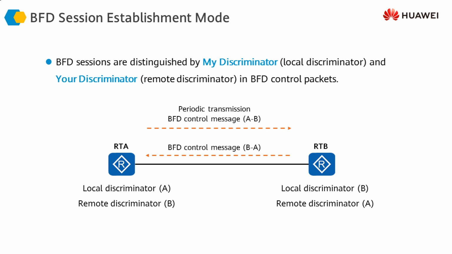These discriminators are local and remote identifiers for the two devices. Router A has a local identifier called my discriminator, and it looks at router B's discriminator as your discriminator. The two devices exchange this discriminator information, through which they identify each other and establish a session.